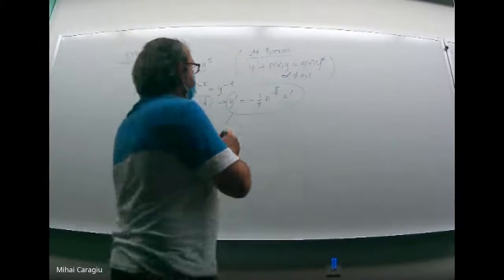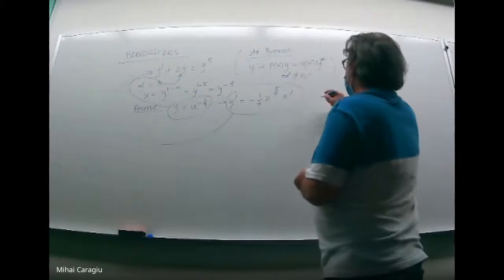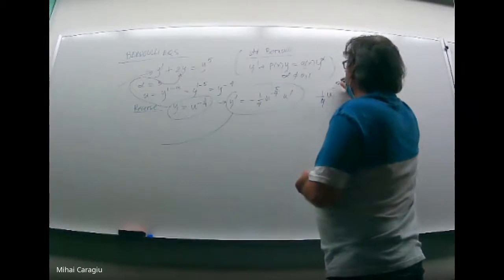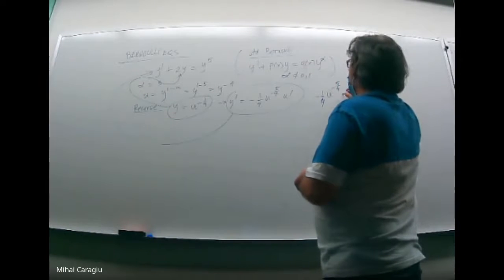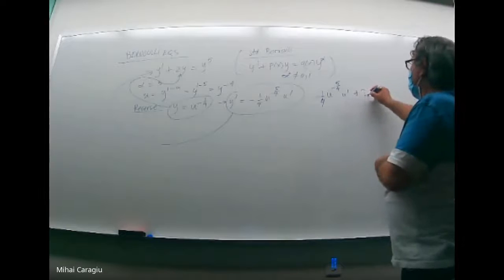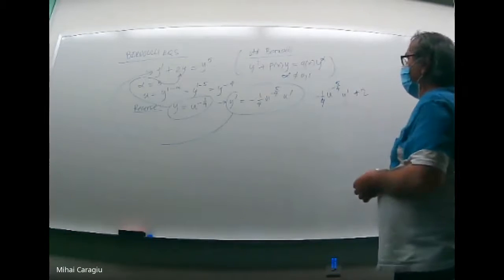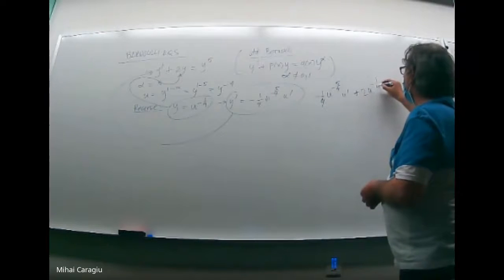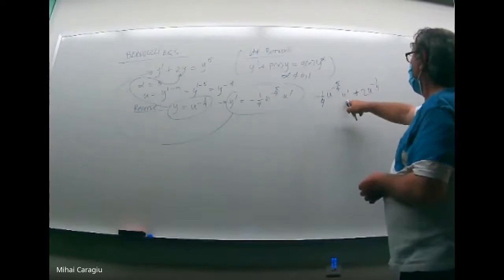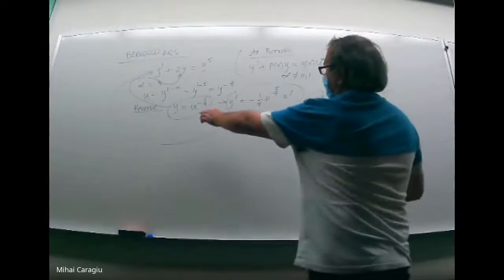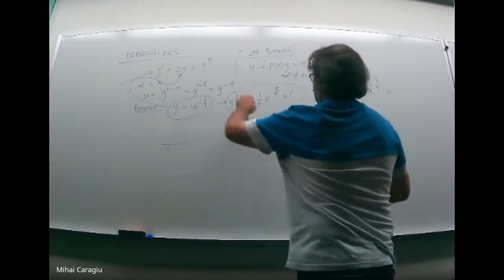So let's see what we get. Y prime is minus 1 over 4 u to the power minus 5 over 4 times u prime, plus 2y, so 2 u to the power minus 1 over 4, plus 2y equals y to the power 5, that's y to the power 5 is u to the minus 5 over 4.